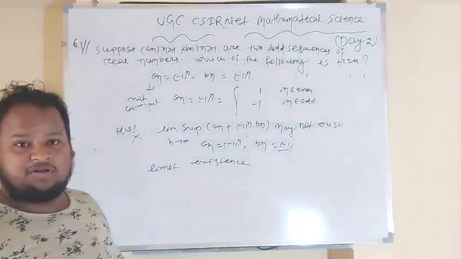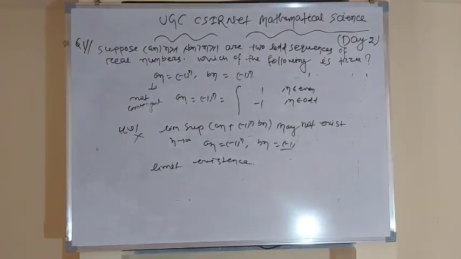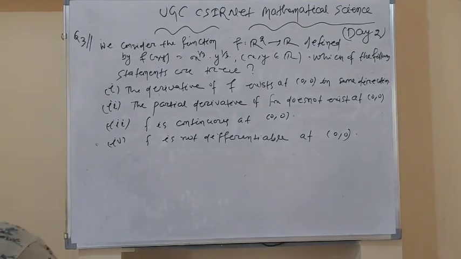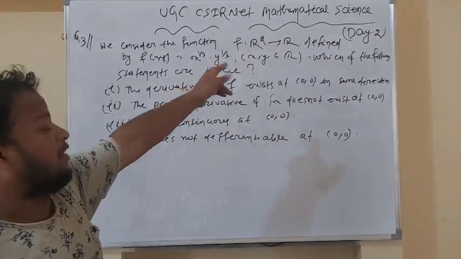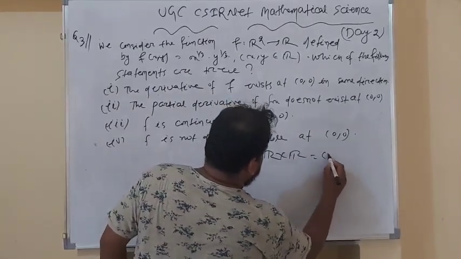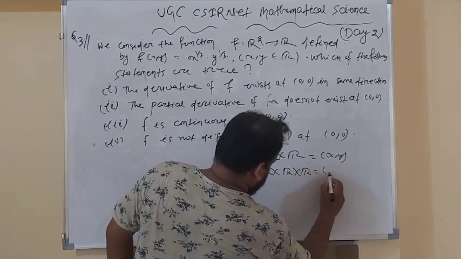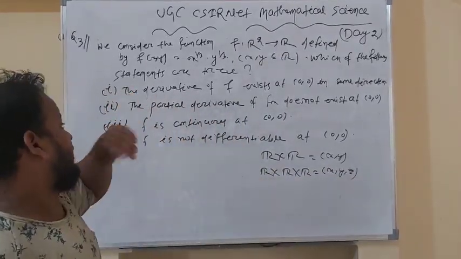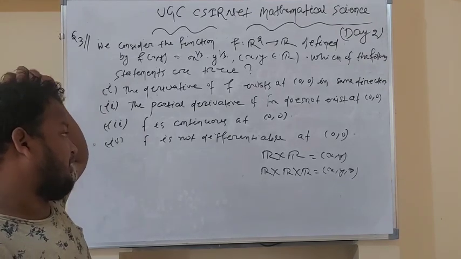Very interesting question. Now going to the next question. We consider a function f from R square to R, where R square means R cross R with coordinates x, y, defined by f(x, y) = x^(1/3) y^(1/3). Which of the following is true? The directional derivative of the function exists at (0,0) in the same direction.